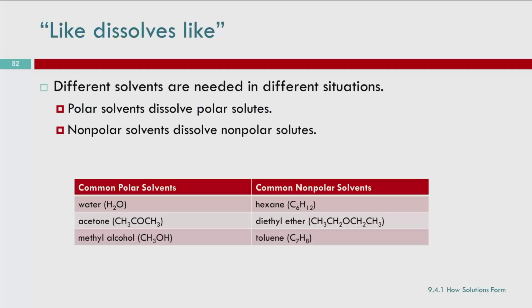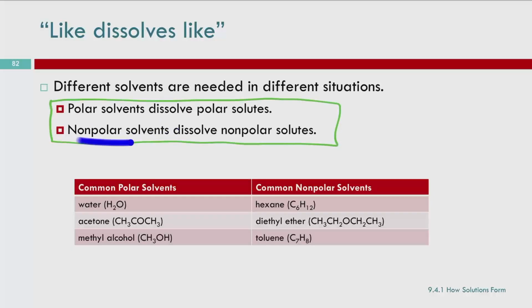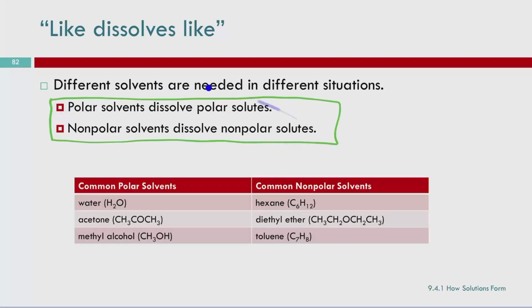So we'd use a polar liquid to dissolve a polar solid, and nonpolar solvents dissolve nonpolar solutes. This is helpful if you know about polarity. We learned about polarity. The more experience you get as a chemist, the more chemistry you take, the faster you'll be able to identify things as polar or nonpolar, and the more helpful this like dissolves like will be.